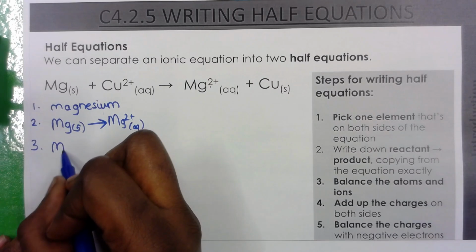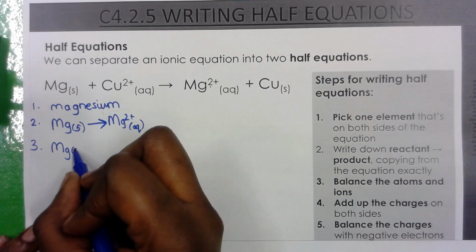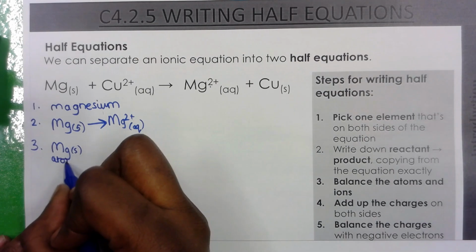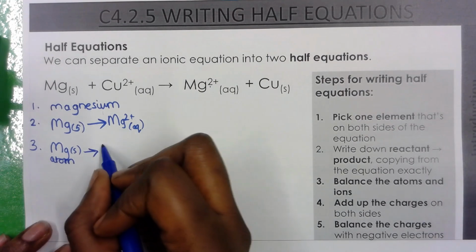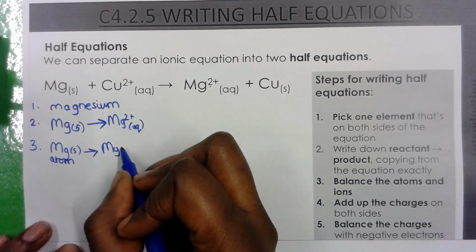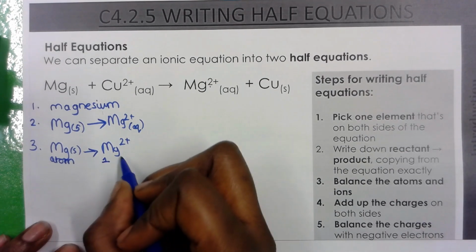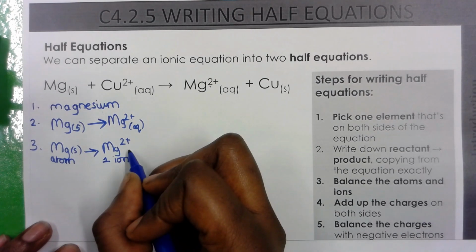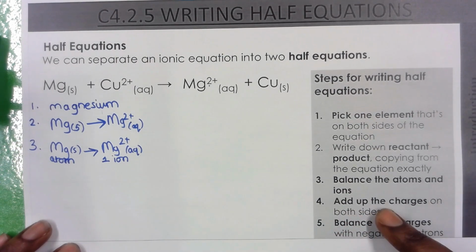We know we've got one magnesium atom here, and it's going to become this ion. And to balance that charge, we only need one ion. So we've got one ion, and it's aqueous.